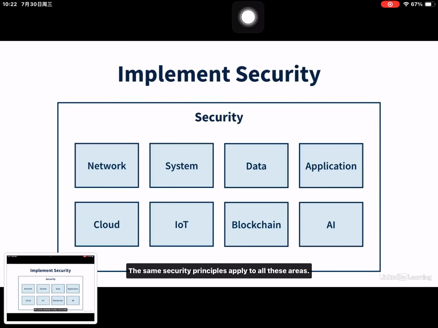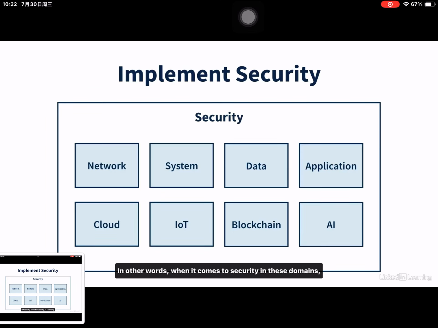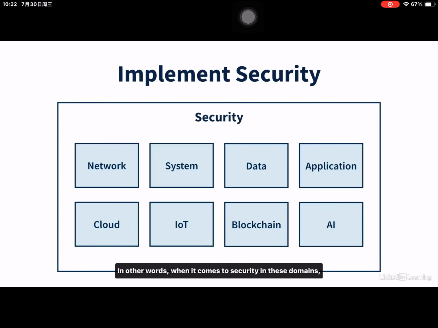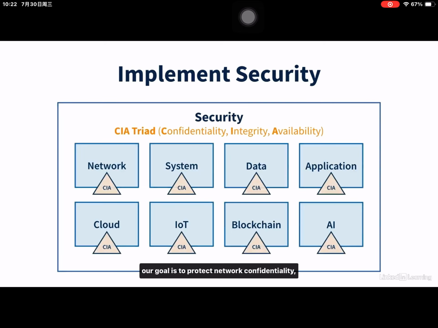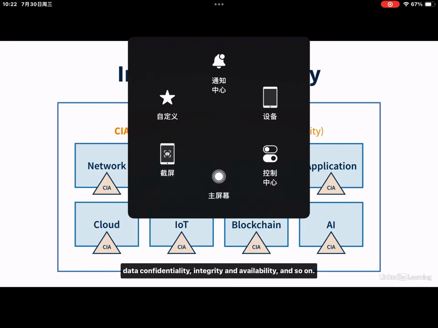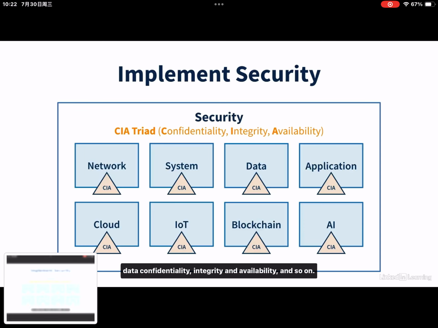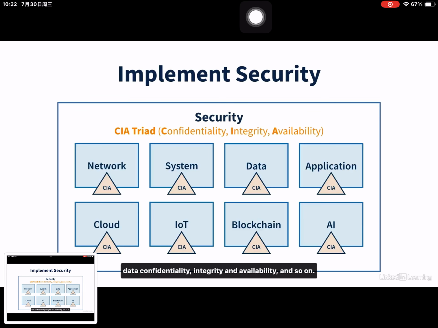The same security principles apply to all these areas. In other words, when it comes to security in these domains, our goal is to protect network confidentiality, integrity, and availability, system confidentiality, integrity, and availability, data confidentiality, integrity, and availability, and so on. Now you get the idea.